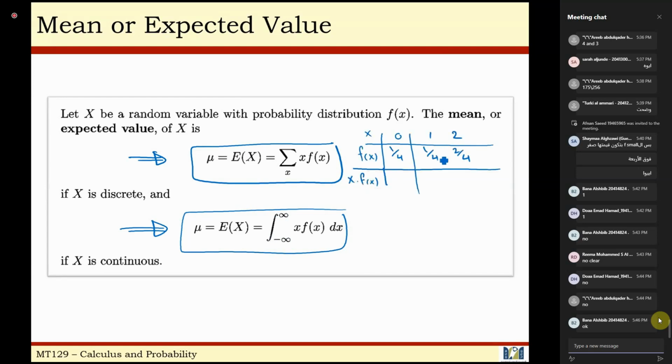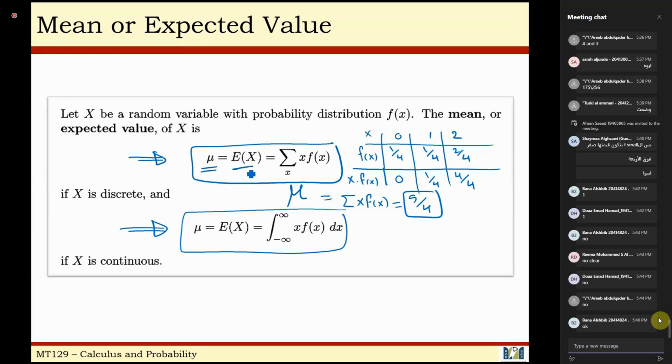So this is 0, 1 over 4, 4 over 4. So the summation of x f of x equals what? 5 over 4. This is the value of the mean.